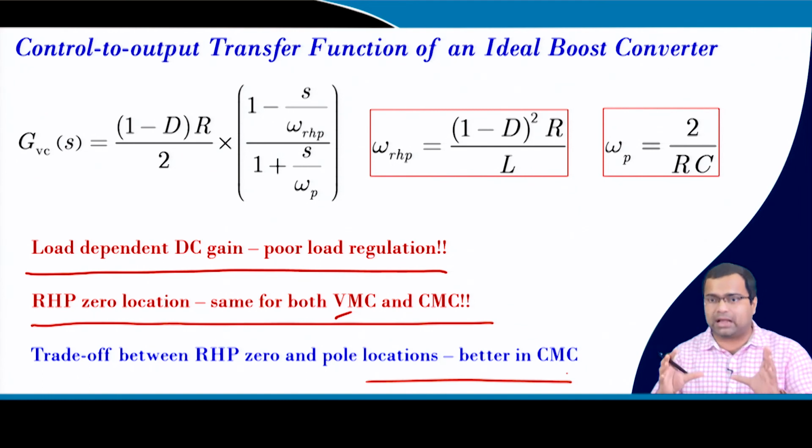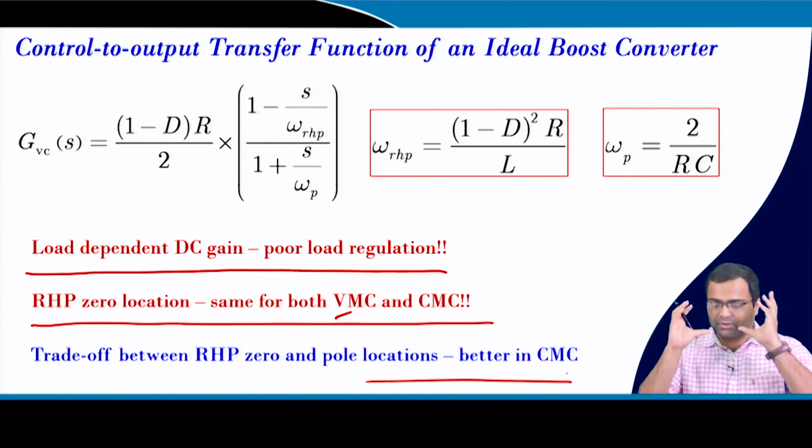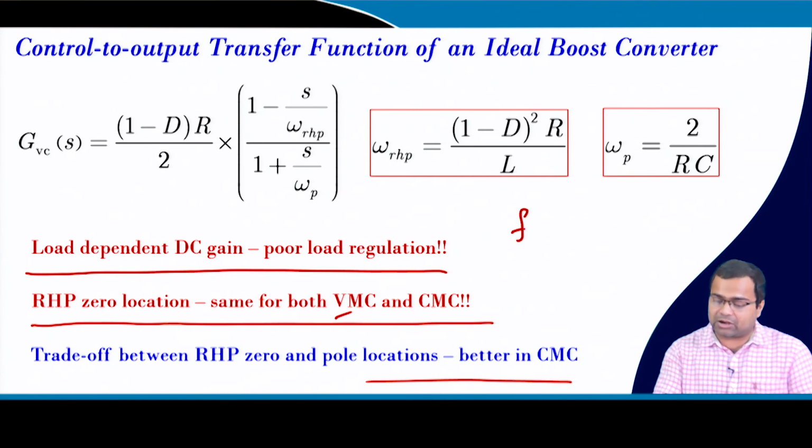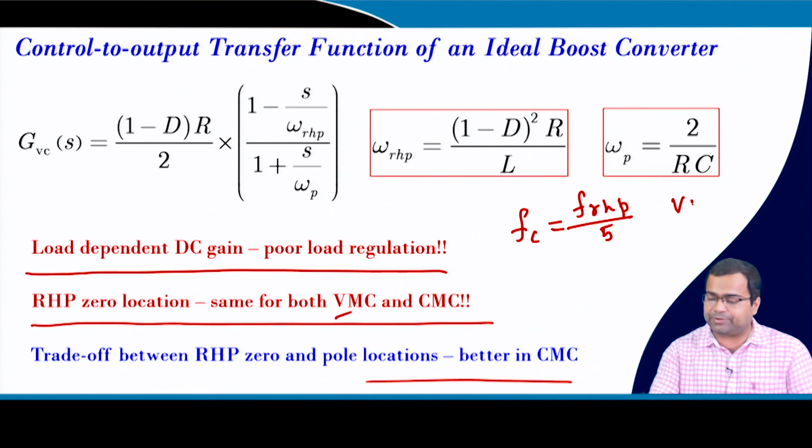This part we will take up when we go to the design of voltage and current mode, and we will see that for voltage mode generally the cutoff frequency is kept at the RHP zero frequency divided by 5. This is for VMC.